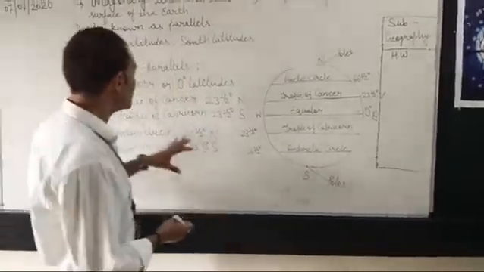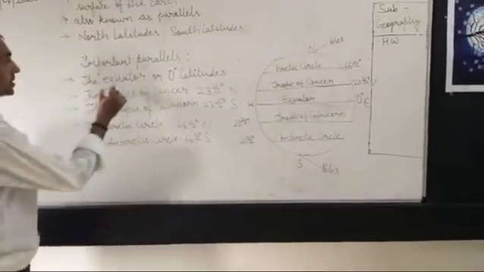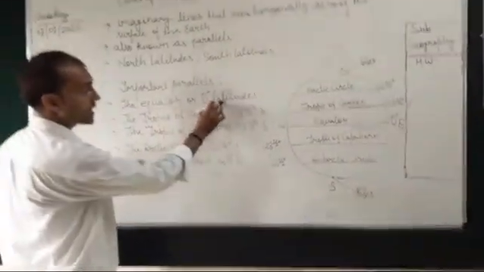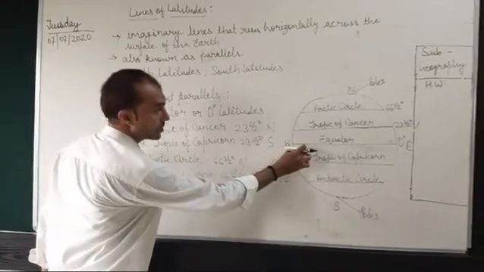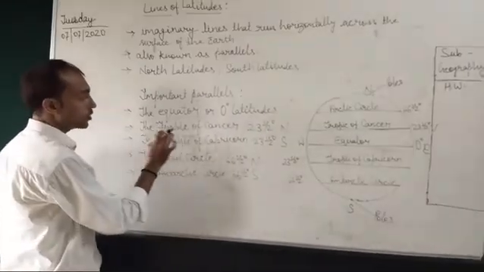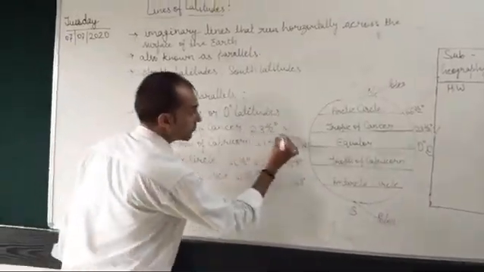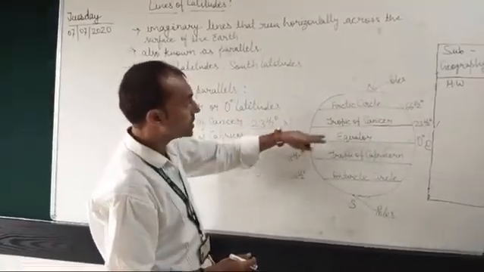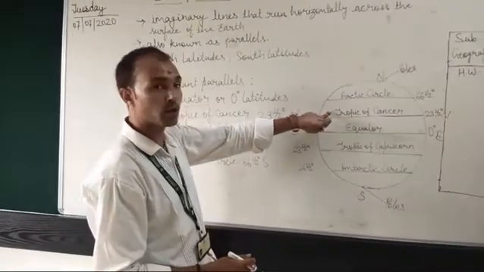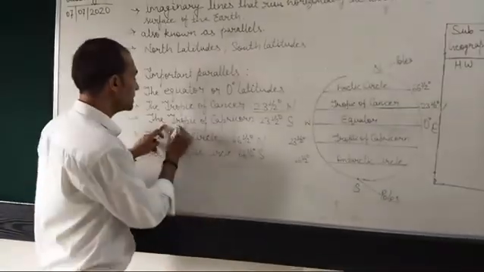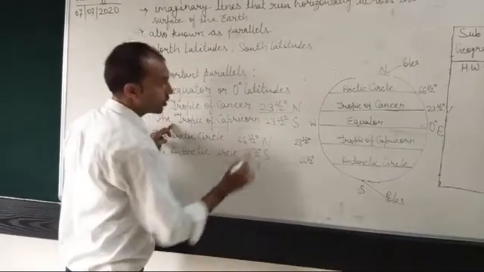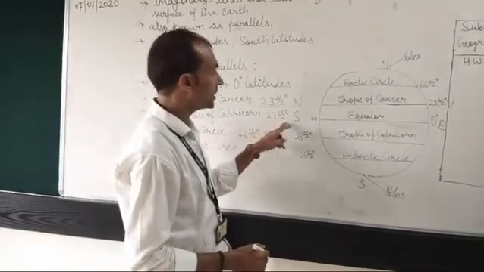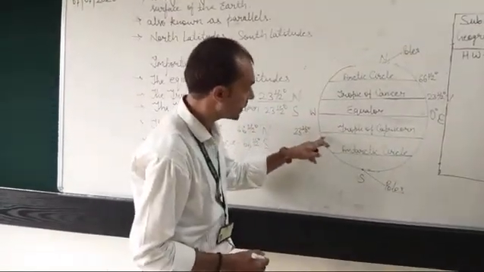So students, these are the important parallels. The first is the equator, which lies at 0 degree latitude. Then the Tropic of Cancer, 23.5 degrees north of the equator. The third is the Tropic of Capricorn, 23.5 degrees south of the equator.